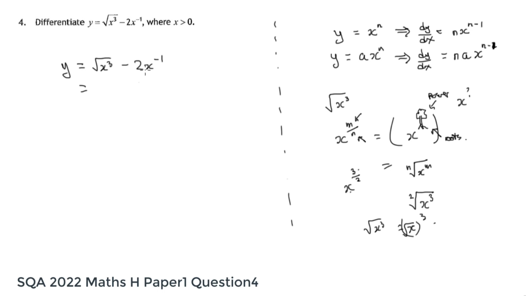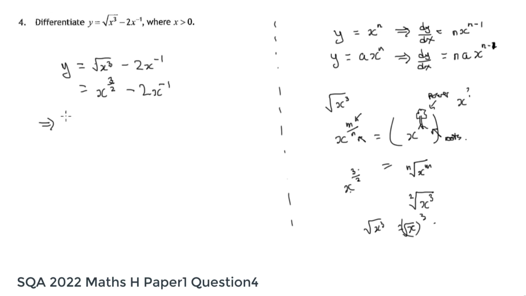So the rewriting, we're preparing for differentiation. So this one, power 3, root square root, so it's root 2. So 3 over 2 is the power. And this second expression is ready for differentiating. So we're now prepared for our differentiation, so we can go ahead with that.